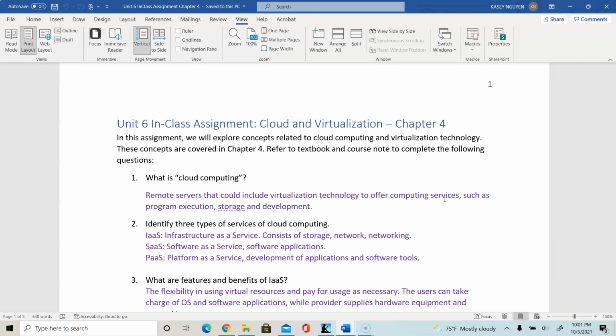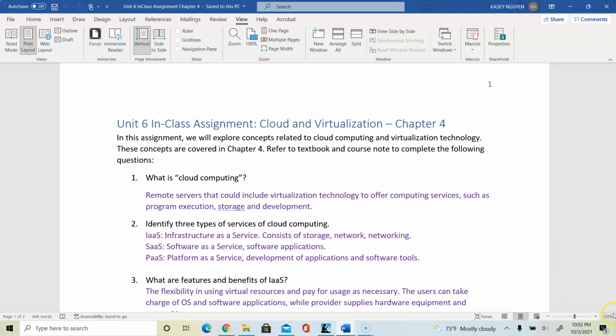We mentioned IaaS, which is infrastructure as a service. It consists of storage and networking. The second type is SaaS, software as a service, that provides software applications via the web and utilizes the browser. PaaS is the third type, platform as a service, and this is used for development of applications and software tools.